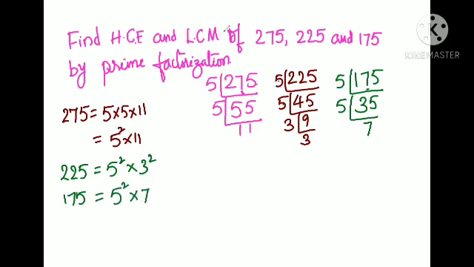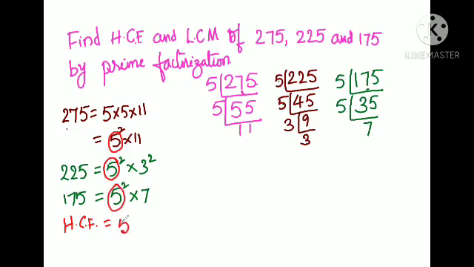Now let us find the HCF. What is the highest common factor? First of all, you have to identify the numbers which exist in all three prime factorizations. 5 is here, it exists in the prime factorization of 275, and also 225 and 175.